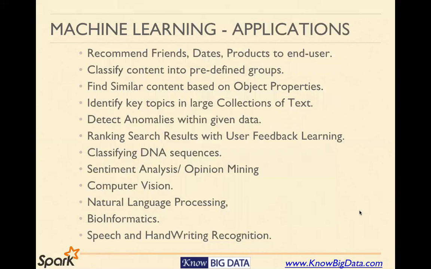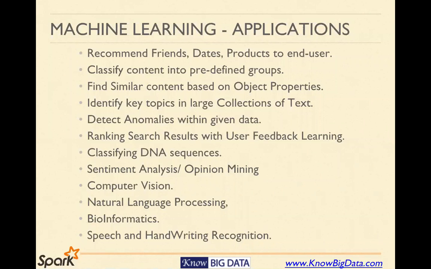So there are many applications of machine learning. These are some of the branches of machine learning that deal with individual examples. For example, there's a branch called computer vision, there's a branch called natural language processing, and there are branches called speech recognition.